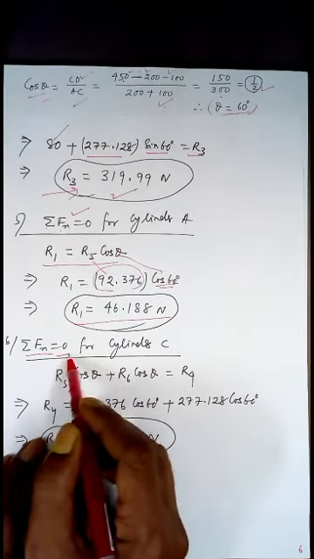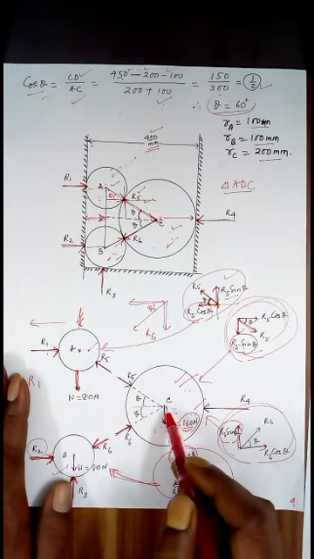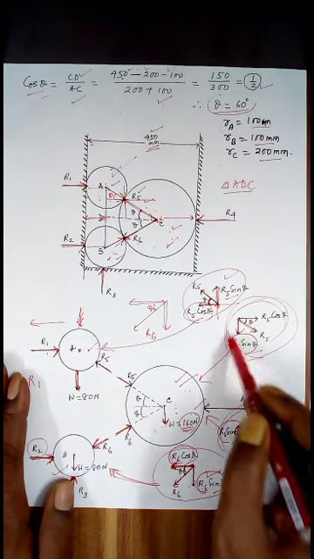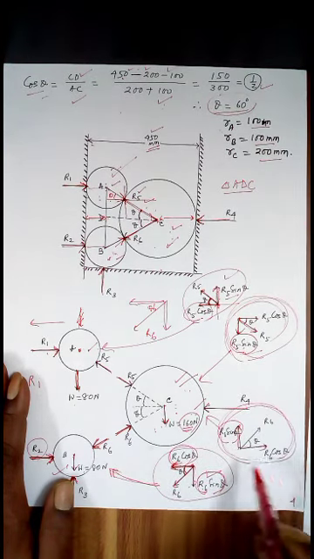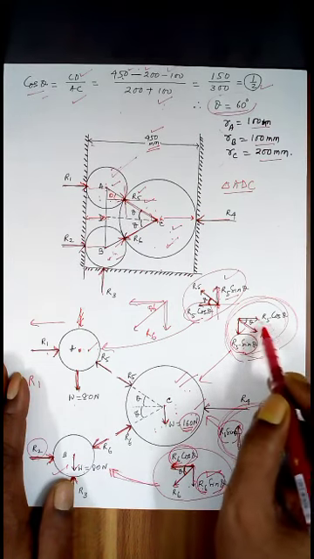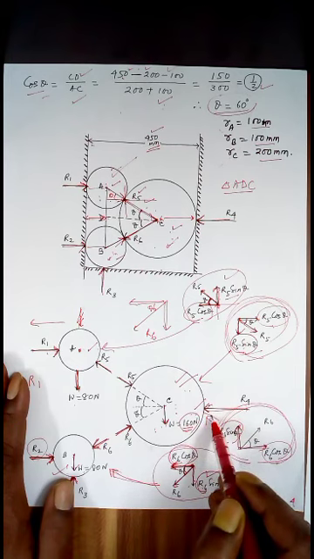Then sigma Fx is equal to 0 for cylinder C, along the x-axis. For cylinder C, one diagram was this, the other diagram was this. R6 cos theta along positive x-axis, R5 cos theta is along positive x-axis, and R4 is to negative x-axis.